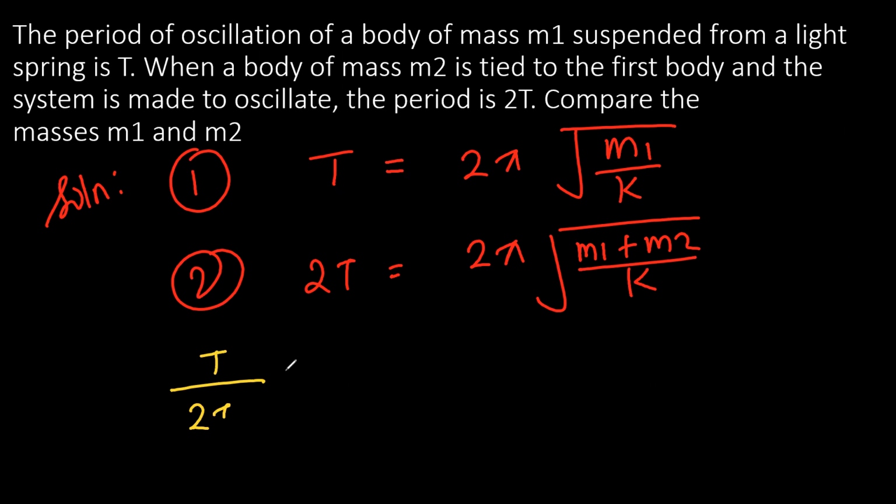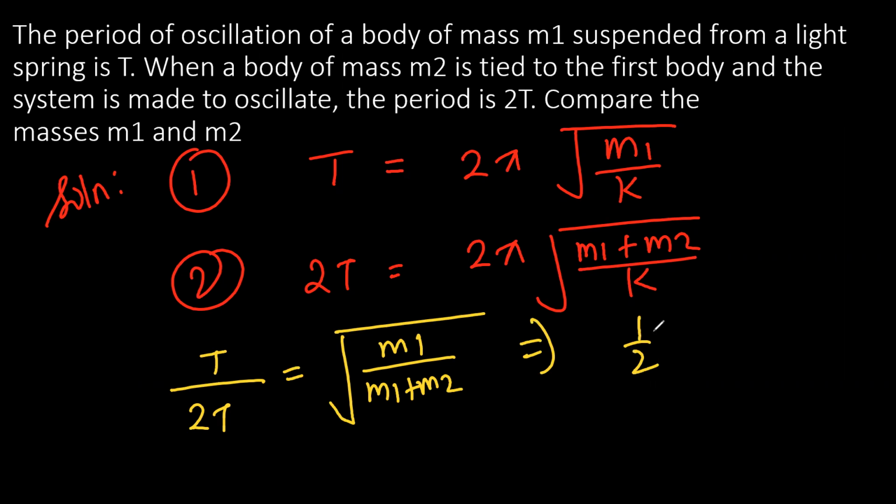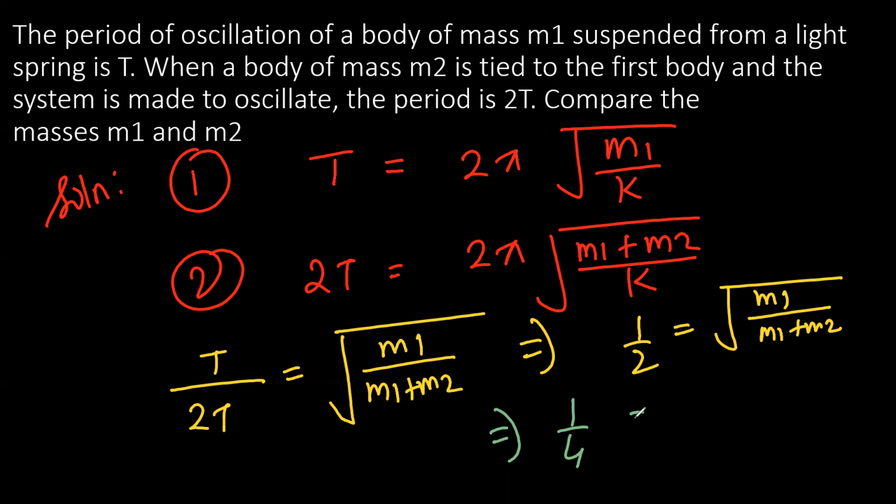T upon 2T equals square root of m1 divided by m1 plus m2. So this T and T get cancelled. So what is your answer? 1 by 2. And if I take the square root, I shift it here, so what is your answer? The answer is the square of it, that is 1 by 4, equal to m1 over m1 plus m2. Sure. You understood up to here.